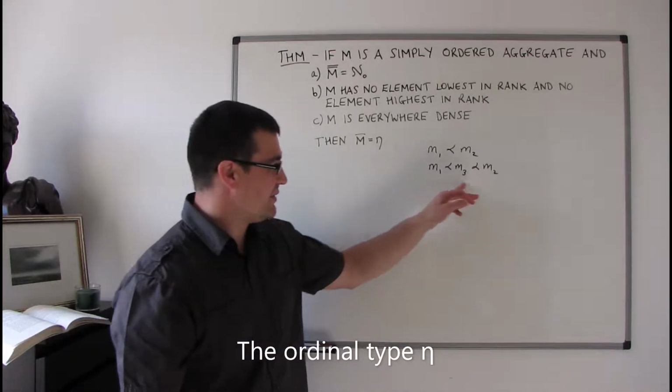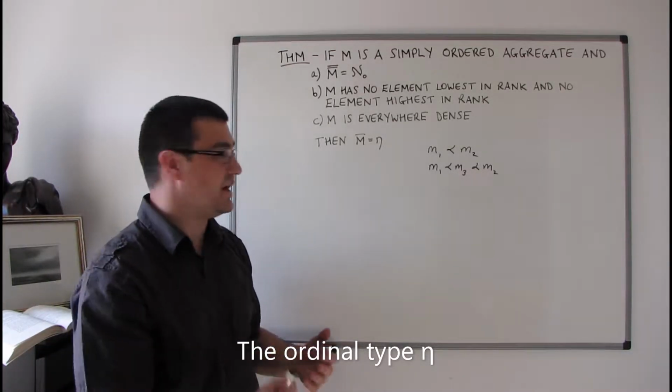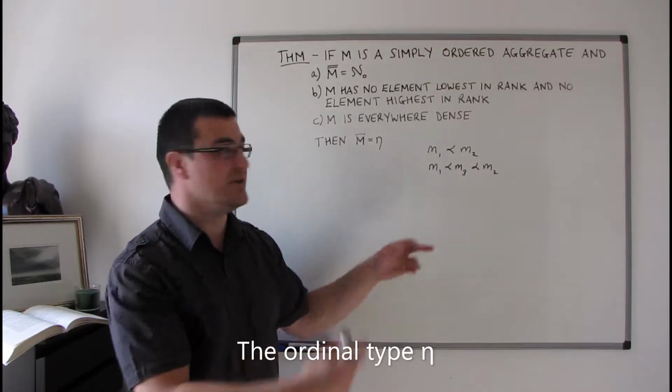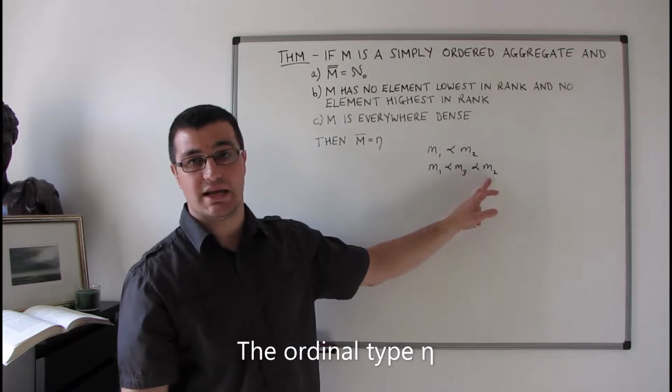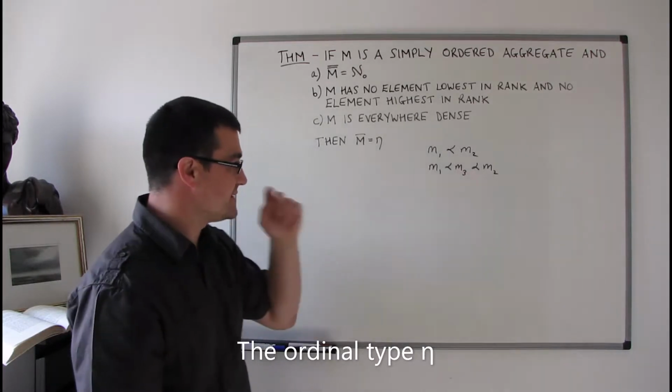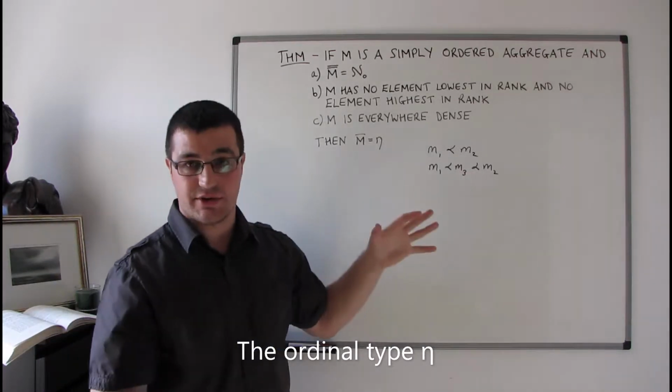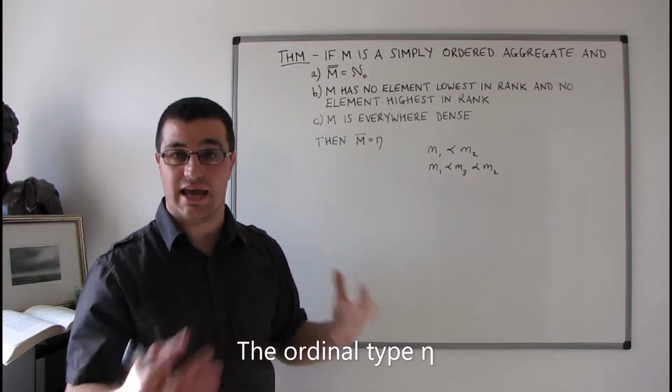So it would follow from this that there's an infinite number of such elements in between m1 and m2 in the order of precedence, but such an aggregate that has this property is called everywhere dense.